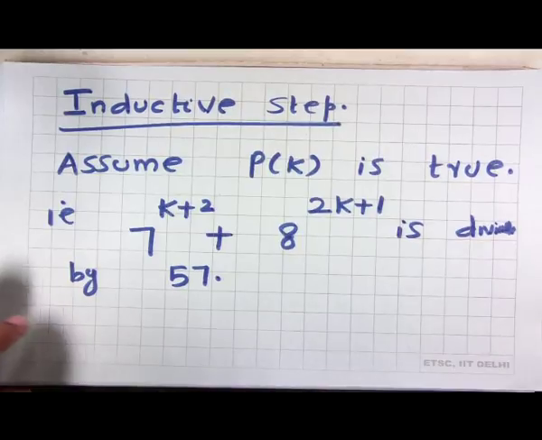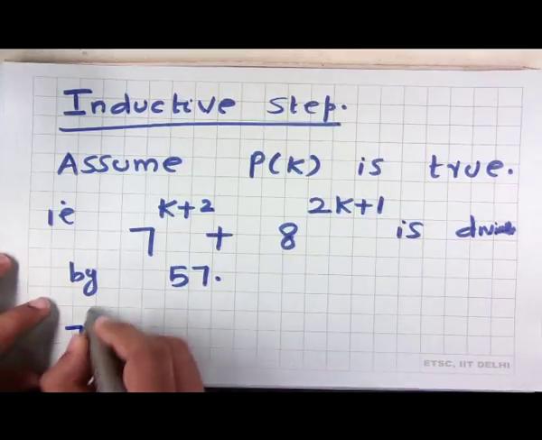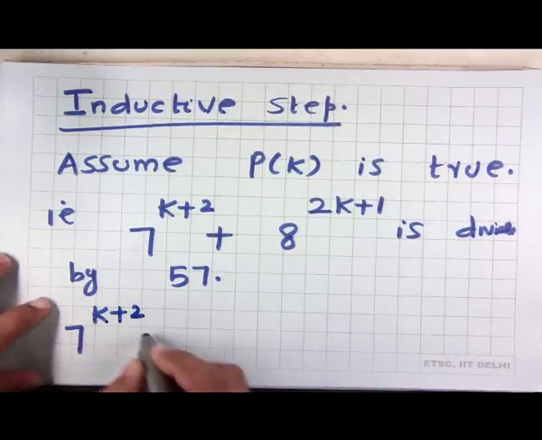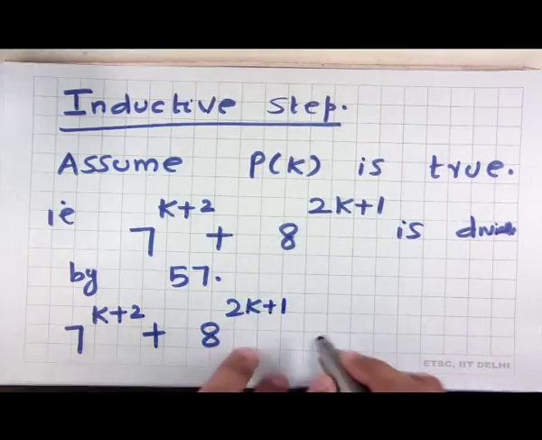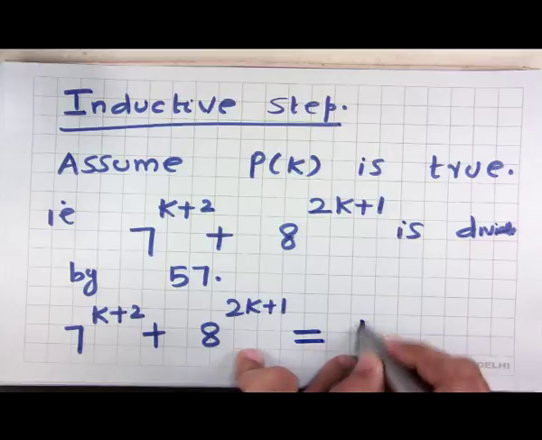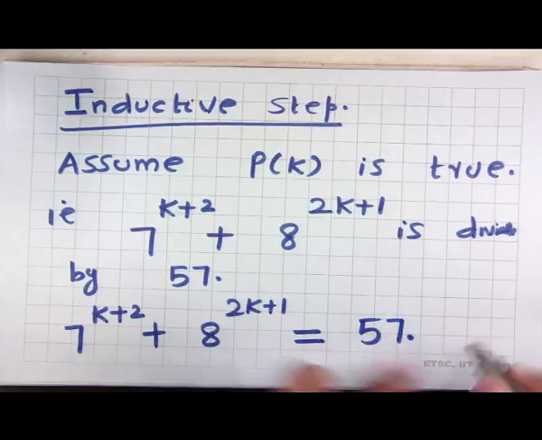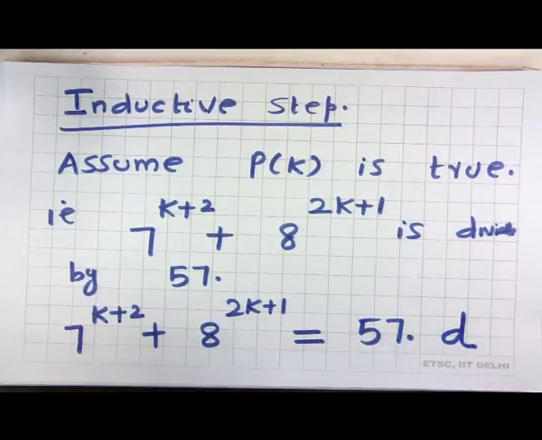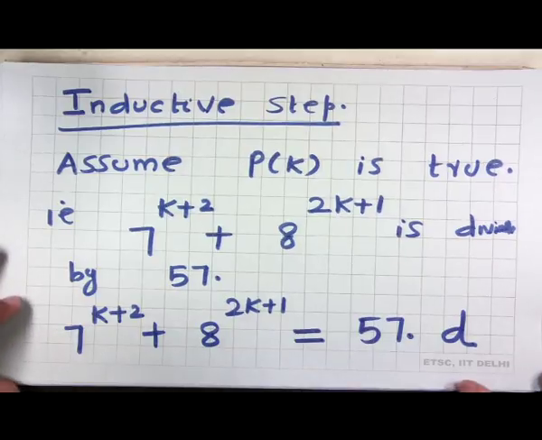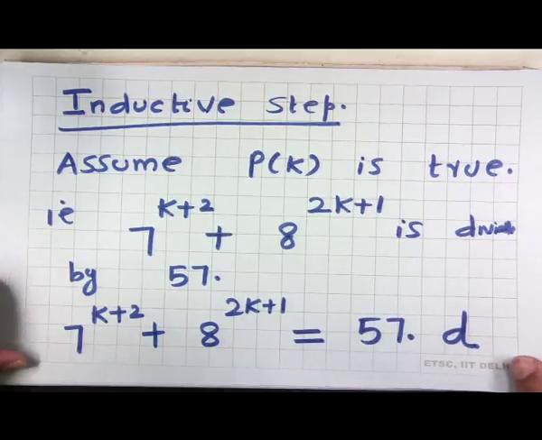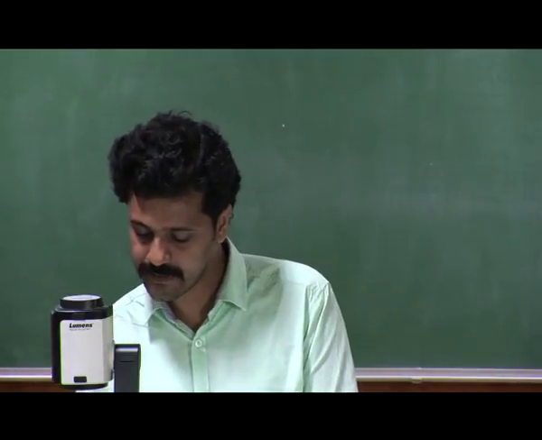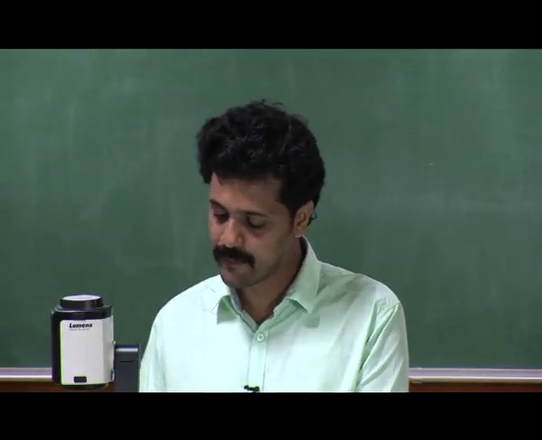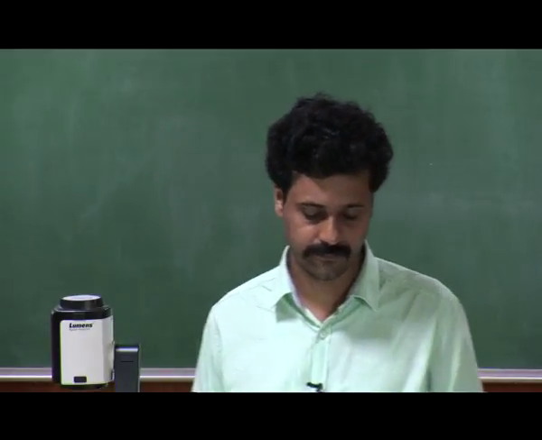To put it in other words, 7 power k plus 2 plus 8 power 2k plus 1 is a multiple of 57, 57 into, let us say, d, where d is a non-negative integer. Having this assumption in hand, let us try to establish P of k plus 1.